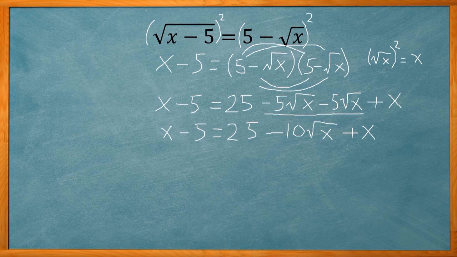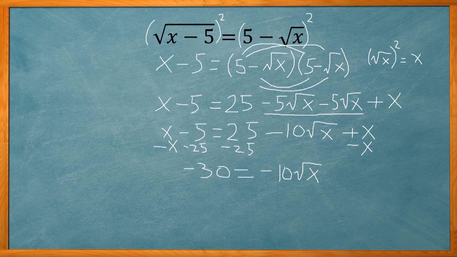So first thing I'll do is subtract x from both sides. That ends up giving 0, 1x minus 1x is 0, so those go away. And now I'm going to subtract 25 from both sides. And it's going to give me negative 30. And what's left on the right side is negative 10 square root of x.